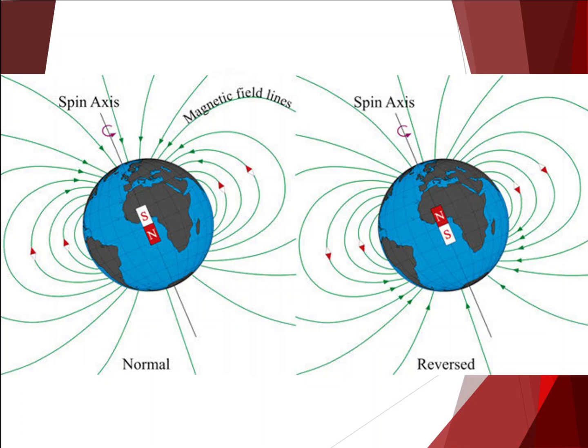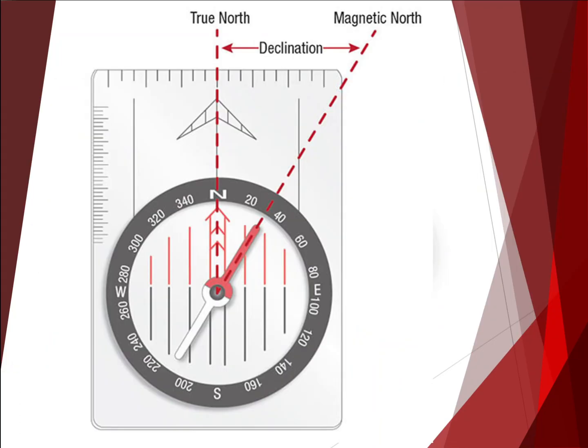So magnetic north does not always match up with true geographic north. The angle of this difference at any given location is called declination.